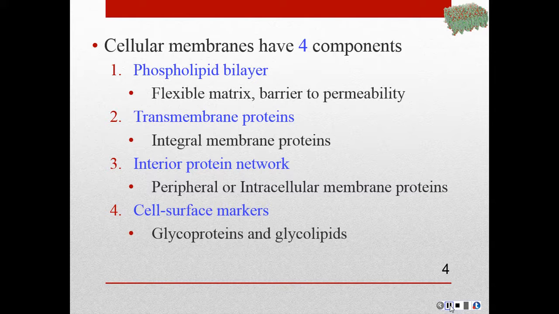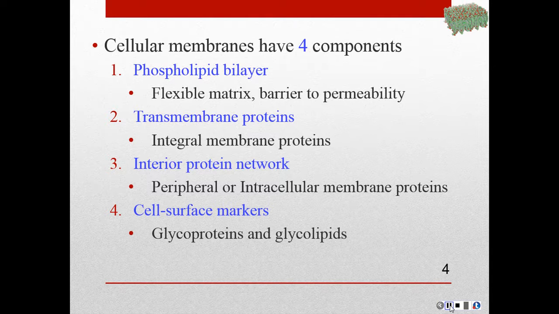Our fourth component is the cell surface markers. Membrane sections are assembled in the ER, which is our endoplasmic reticulum. Then they're transferred to the Golgi apparatus, and from there taken to the plasma membrane.